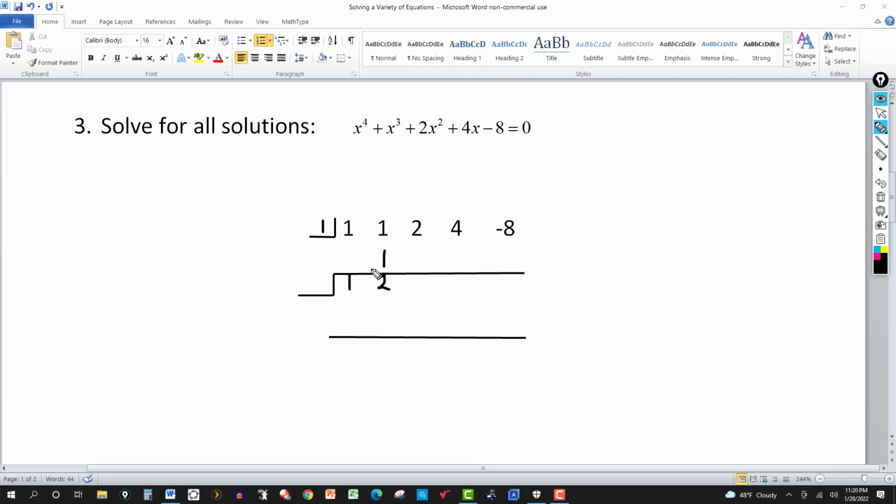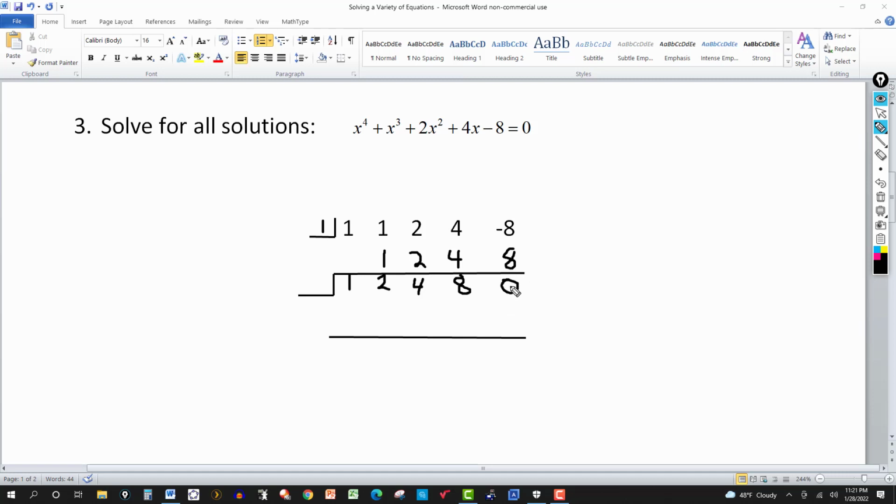And then we go 1 times 2 is 2. 2 and 2 is 4. And we go again. 1 times 4 is 4. 4 and 4 is 8. 1 times 8 is 8. Minus 8 and 8 is 0.